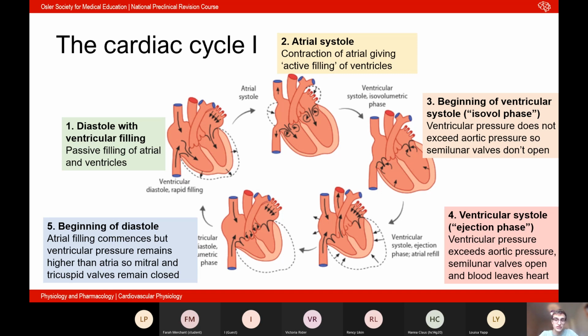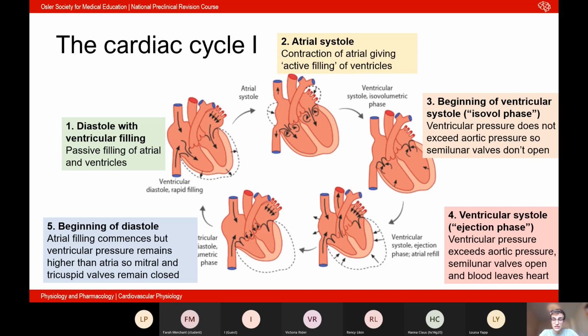However, the pressure in the ventricles is not yet higher than the arteries, than the outflow vessels. So the aortic and the pulmonary valves remain closed. What that means is you get contraction of the ventricles without any blood being able to leave. So pressure increases, but the volume stays the same, and we call that the isovolumetric phase.